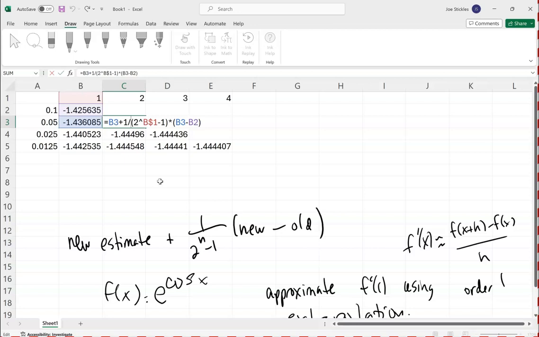There you go. Gotta watch those parentheses. Everybody else okay getting those in there?